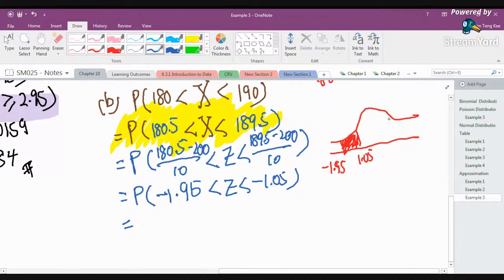And this region here has a corresponding region on the right, which happens to be 1.05 until 1.95.